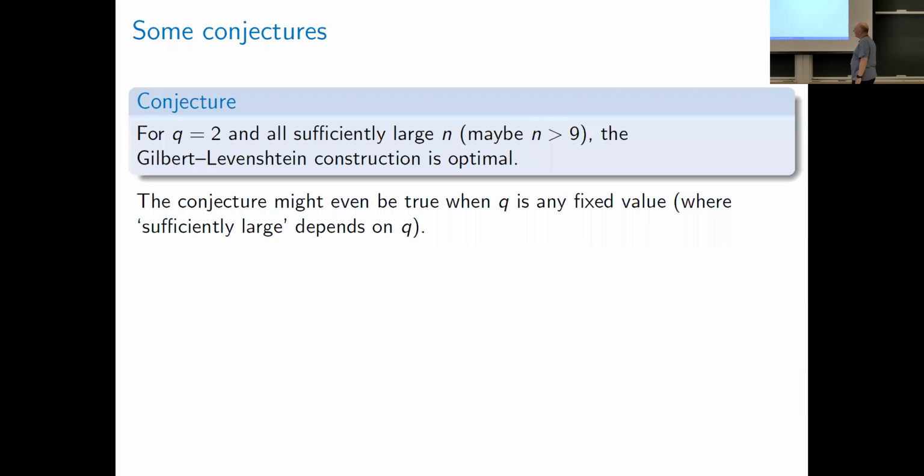And you could even ask for other alphabet sizes. If you fix your alphabet size to be q, and you let the length tend to infinity, is it the case that this construction 1 is optimal? It has a feeling that that's what it should be, actually, but I don't know how to prove that.